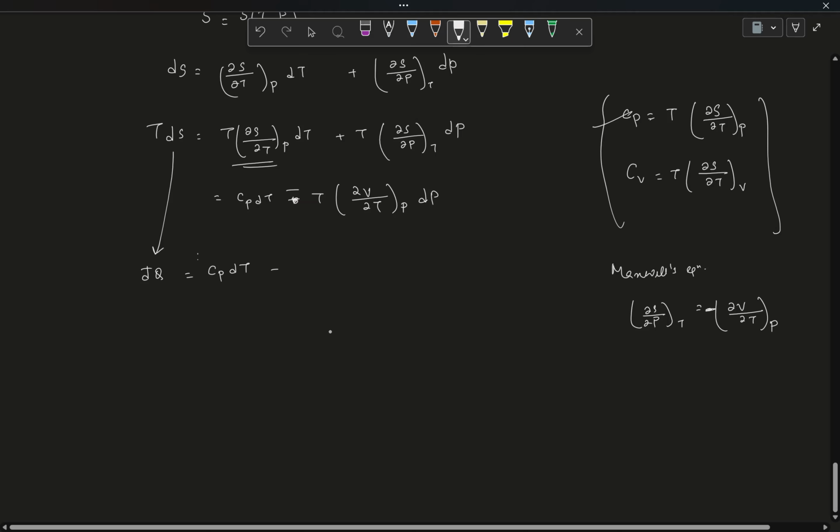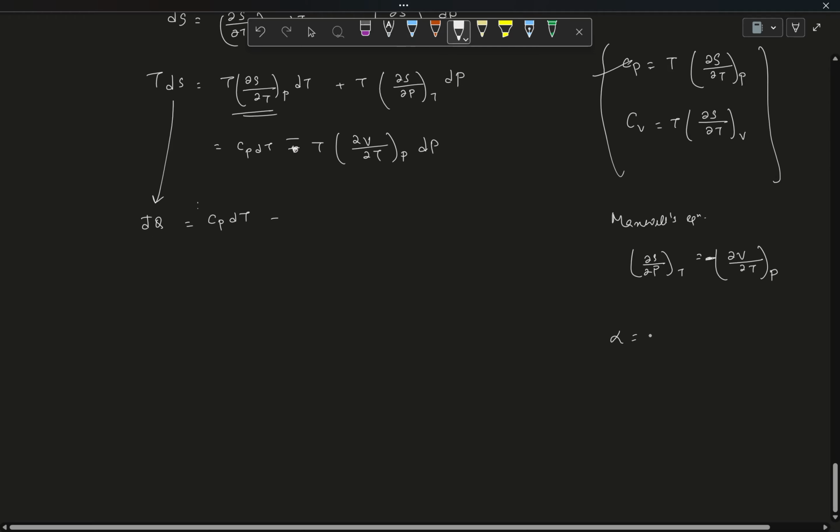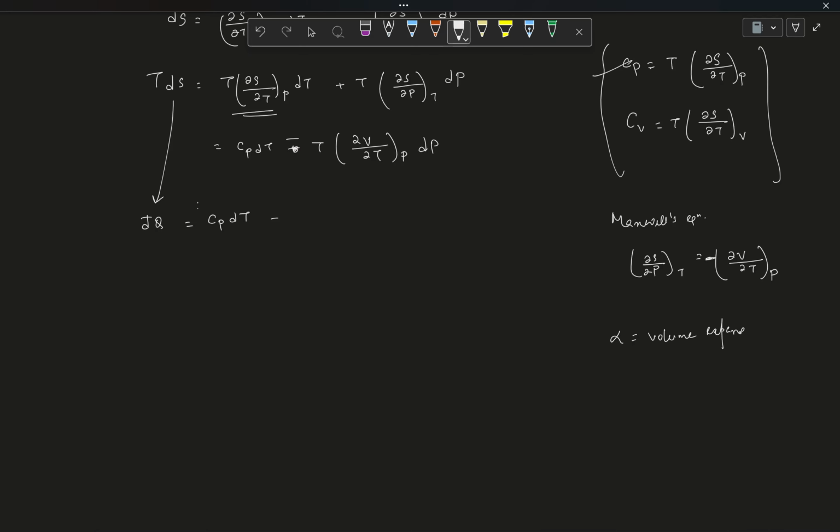Now you have another term in the question, called volume expansivity. Alpha is the coefficient for volume expansivity, standardly used like that, and alpha is written as 1 by V del V del T at P constant. So volume expansivity is nothing but the rate of change in volume with change in temperature at a constant pressure, with respect to the initial volume.